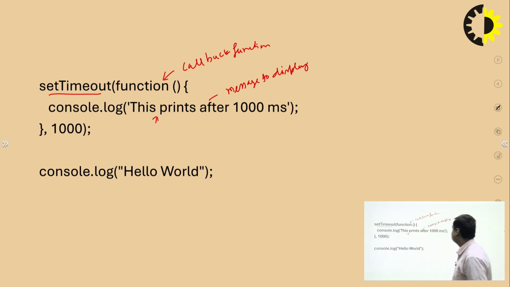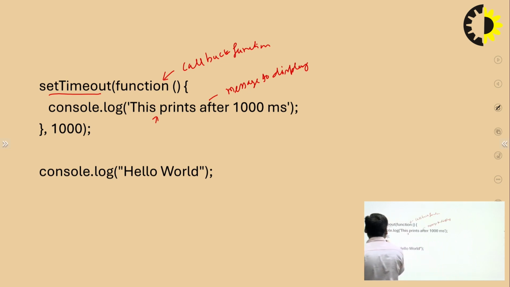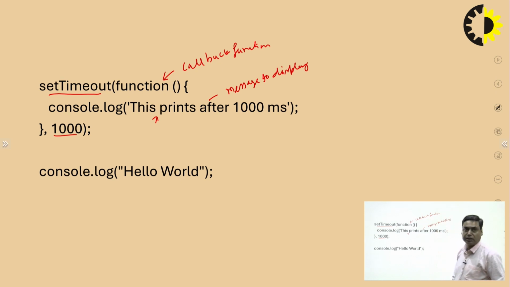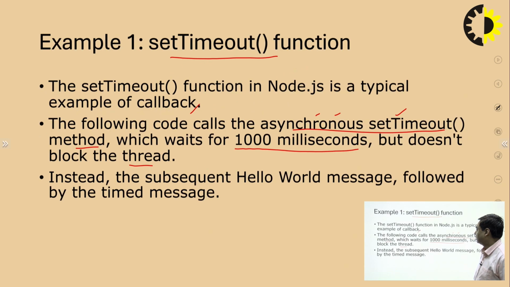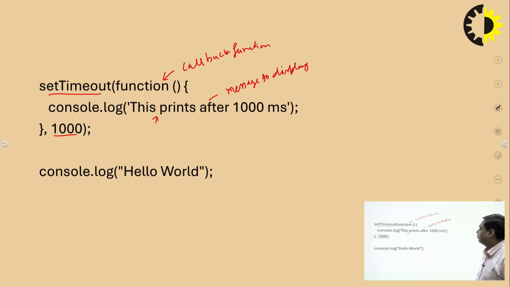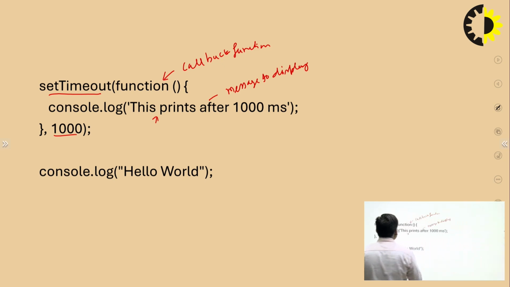This prints after 1000 milliseconds, and the second argument of this normal function, setTimeout, is 1000 milliseconds. So in setTimeout, we are setting the waiting time period of 1000 milliseconds, and we are also passing a callback function as an argument. So when this function runs, it will run the callback function also.